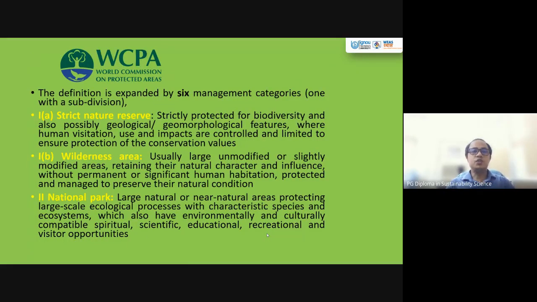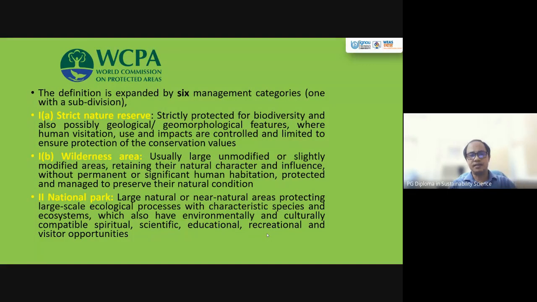If you look at the categories identified by the World Conservation Union on protected areas, there are six management categories. Category one has two subcategories: strict nature reserve and wilderness area.